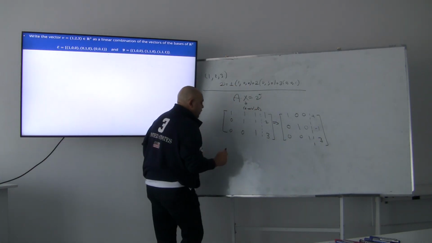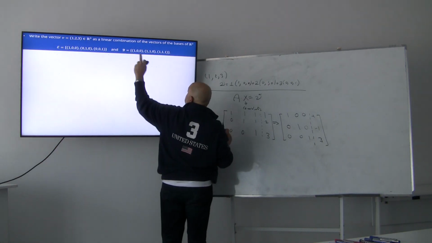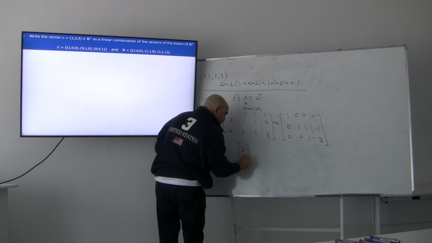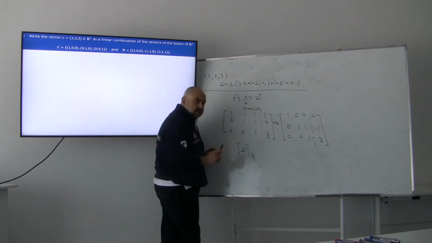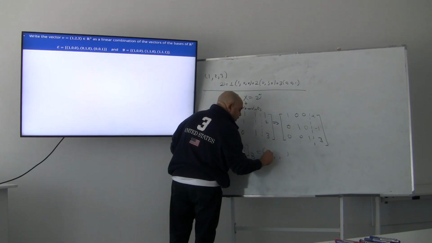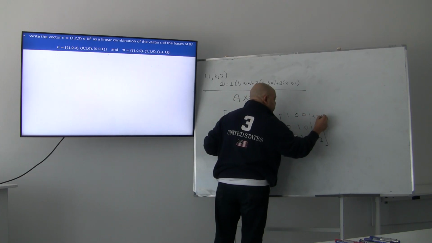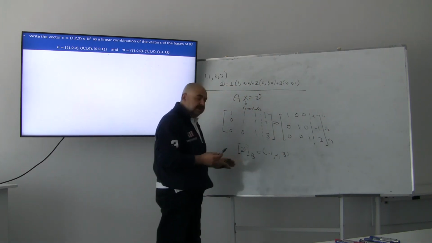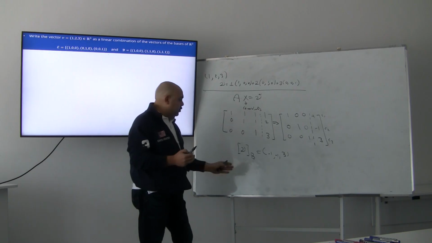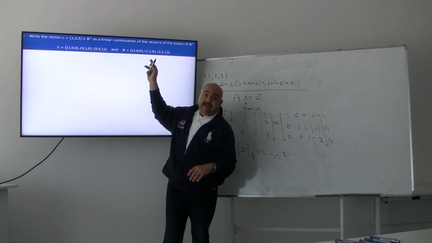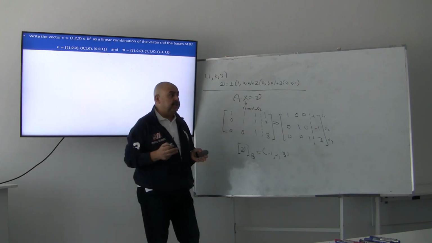So I can write vector v with respect to the basis beta, and the coordinates will simply be -1, -1, and 3. This is for C1, this is for C2, and the last is for C3. So if I use this combination with this basis, I will have the vector 1, 2, 3.